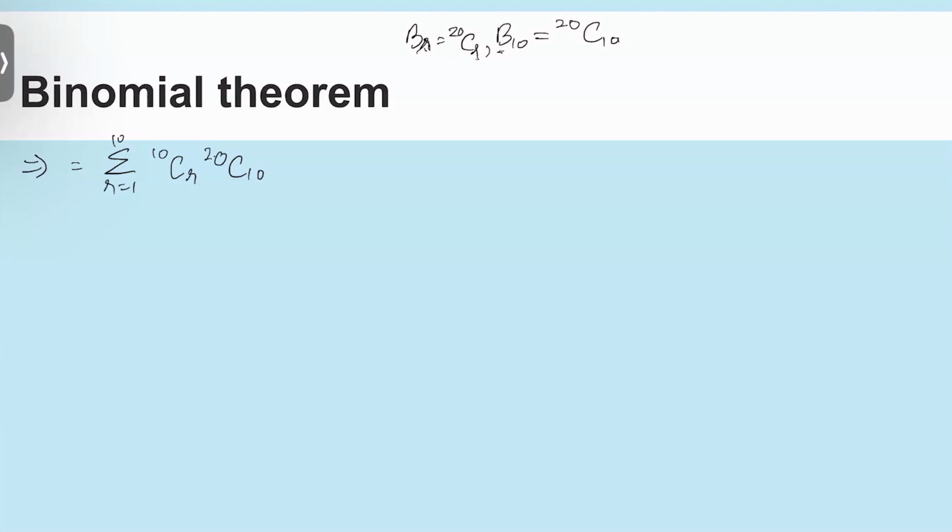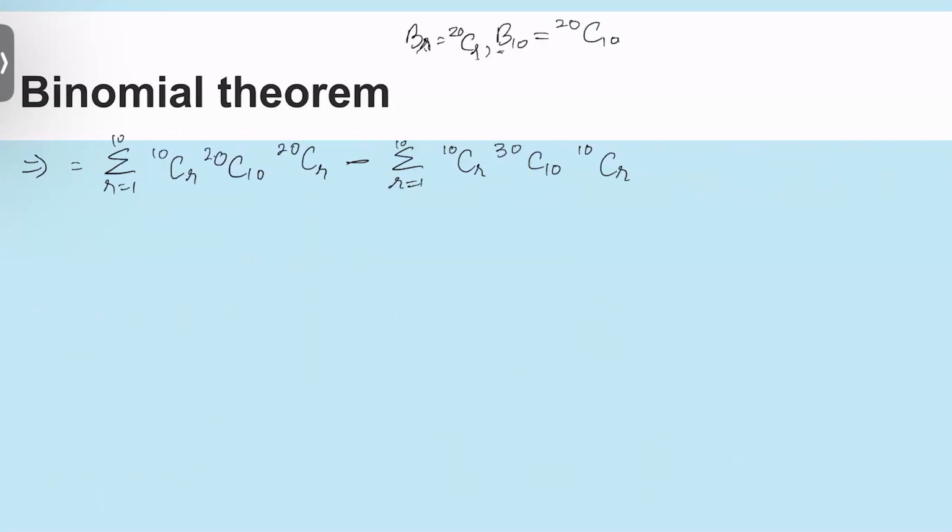So you have 10Cr, 20C10, and we have B_r again, so that is 20Cr. Then the next term will be the summation over r going from 1 to 10. You have 10Cr. Now you will have 30C10 in place of C_10, and A_r is written again, so this will be 10Cr. So this is what we get: 10Cr, 30C10, 10Cr.